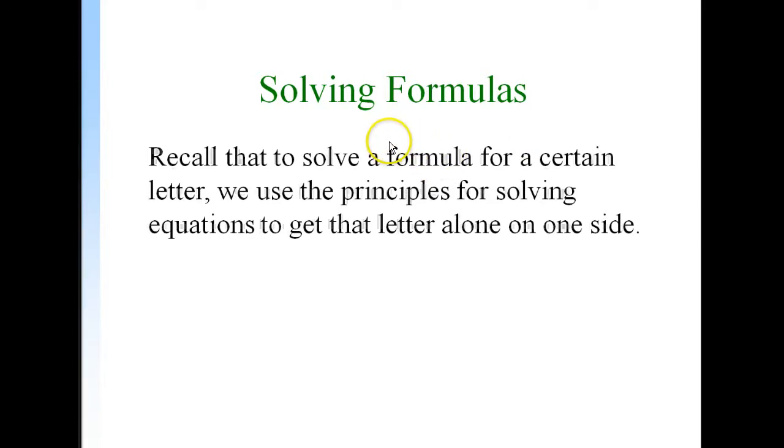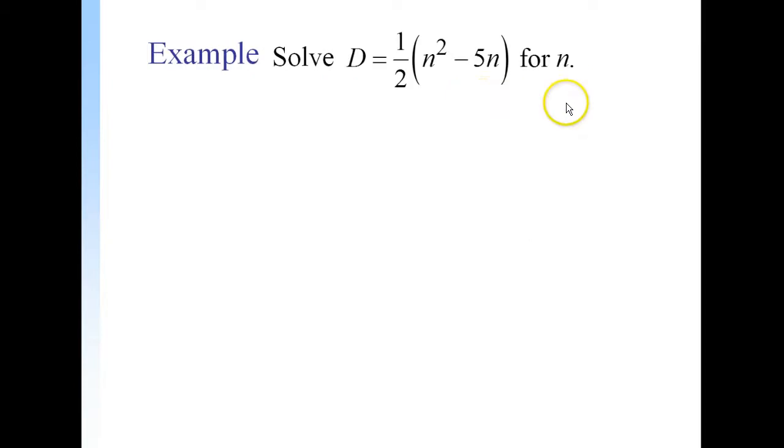Now, in some cases, they're going to ask you to solve for formulas. We did some of this before, and we want to solve for n. Now notice, how could we possibly solve for n here? Well, we have to get n all by itself. So let's develop a strategy.